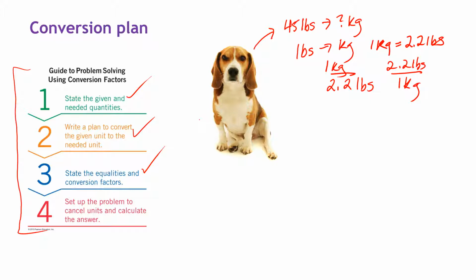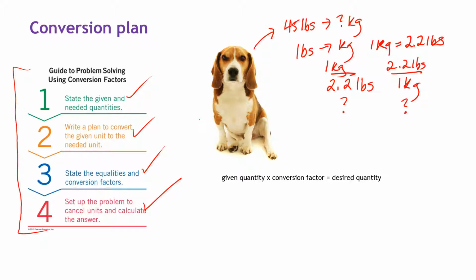All right, now we have completed step 3. We've stated the equalities and the conversion factors. So now we need to do something quite important. We need to set up the problem in order for the units to cancel, and this will give us our answer. So you can think of that in this way: given quantity times the conversion factor, question being, which one of these do we need to use?